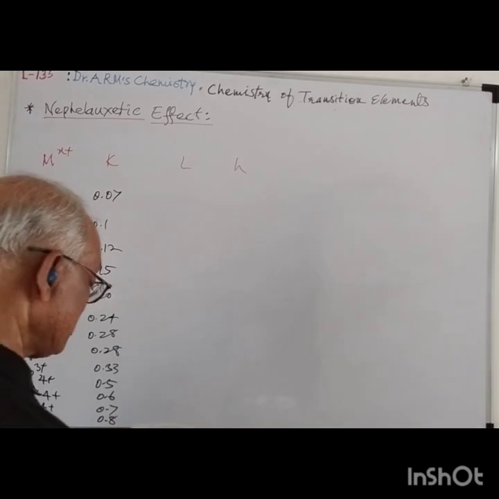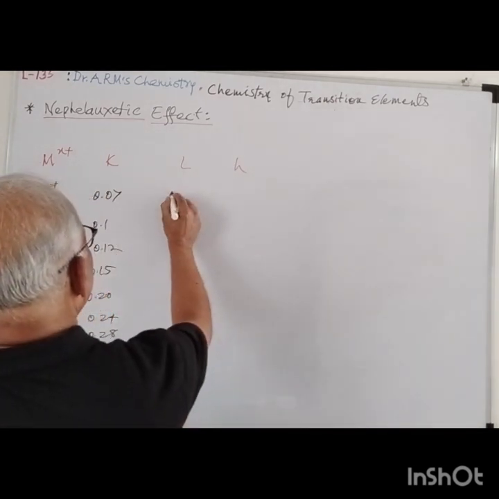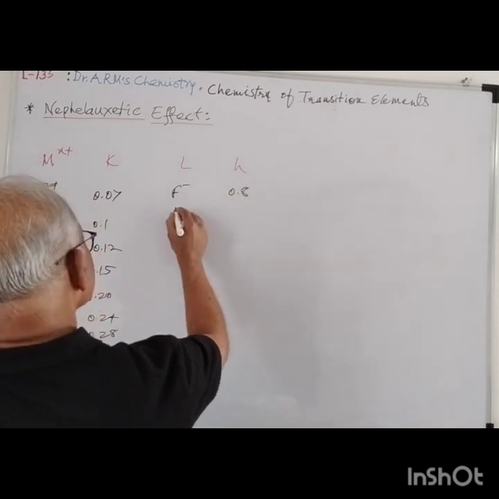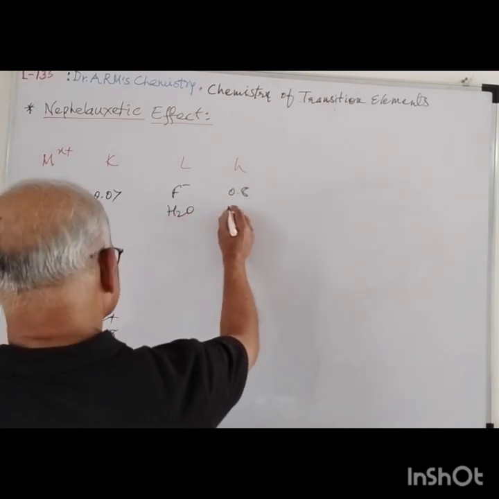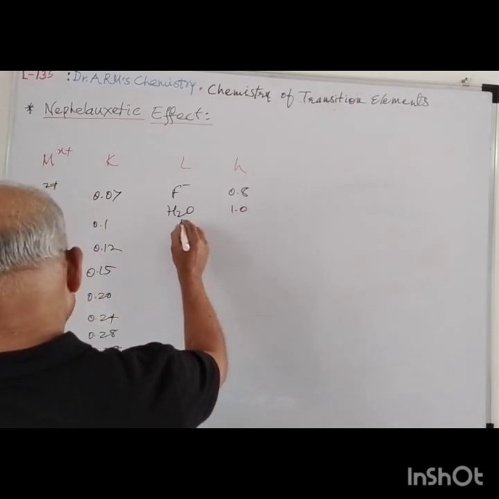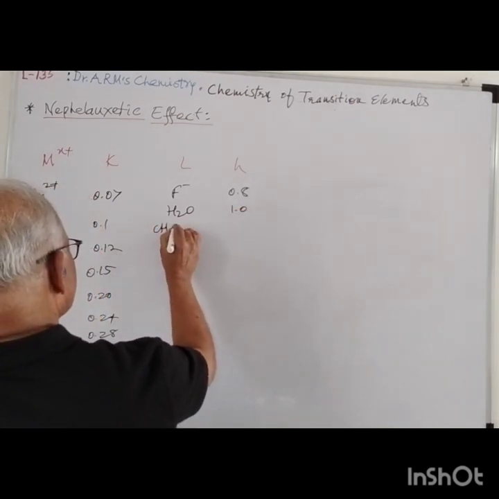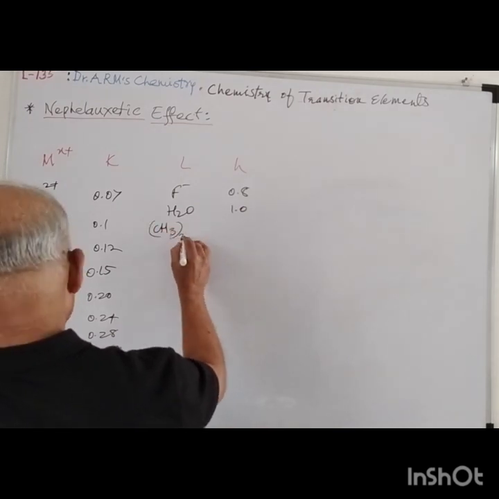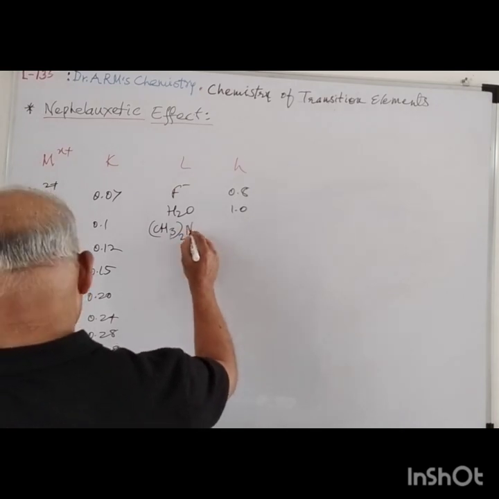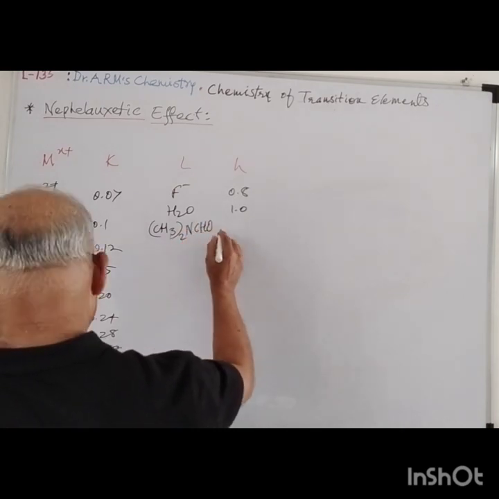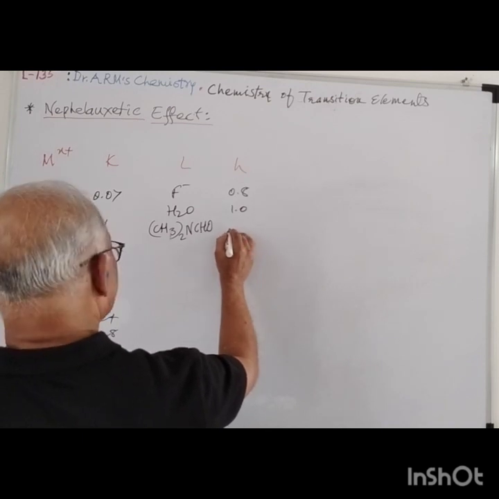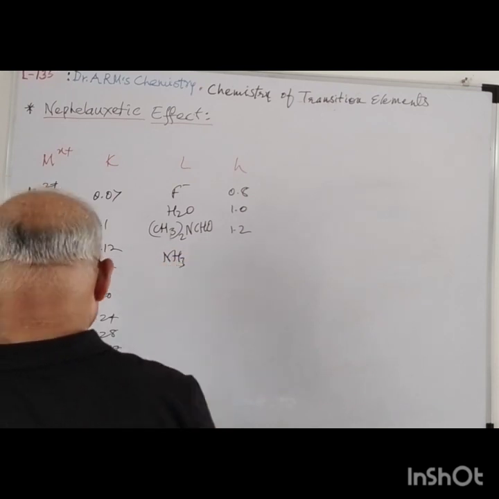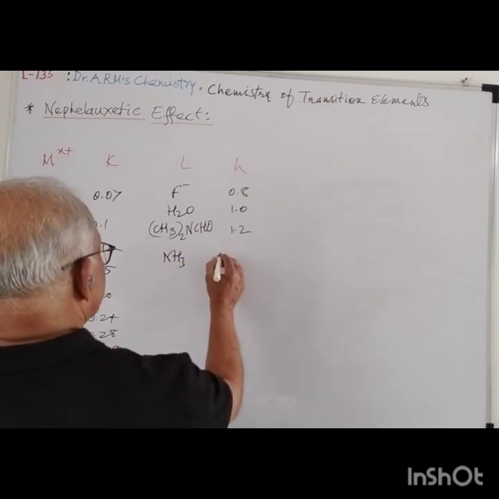Similarly, we can have the values for ligands. So the ligand F minus has 0.8. Then H2O has 1.0. Then urea, Me and CHO, 1.2. NH3 has value 1.4.